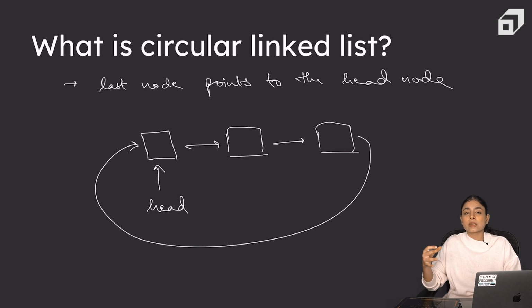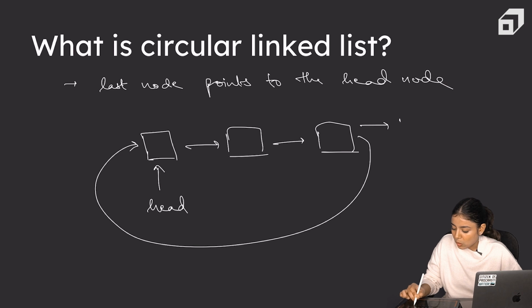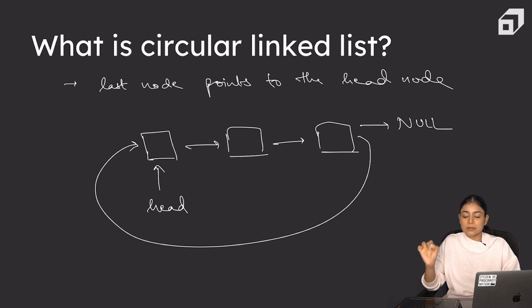So we know that in the singly linked list that we first studied, the last node's next pointed to null. But in a circular linked list, the last node's next points to head node.